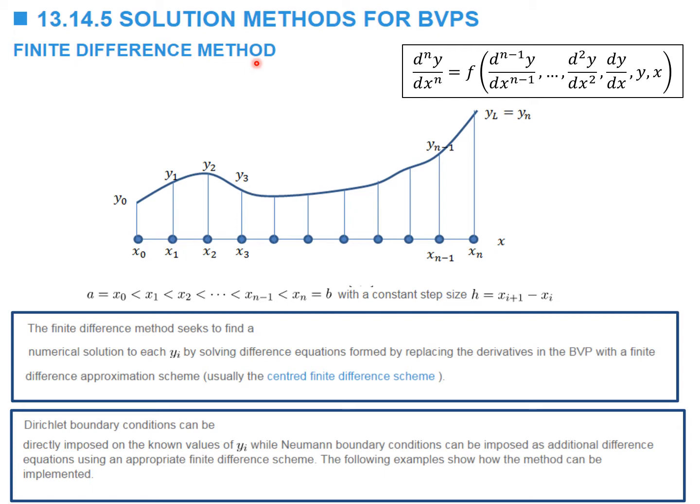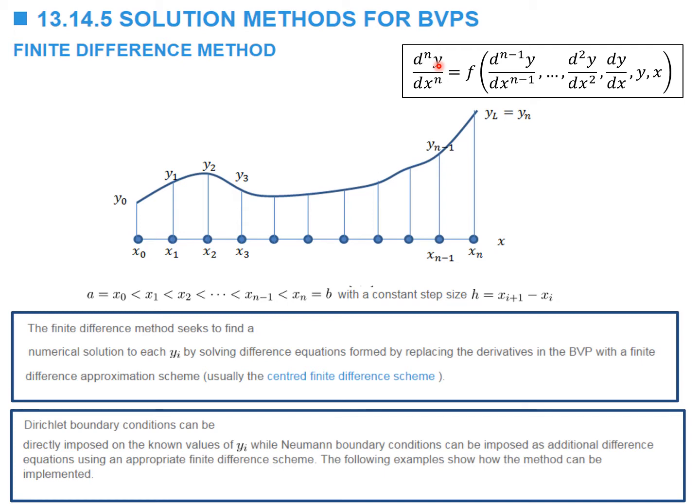The finite difference method converts this differential equation into a set of equations to find the values of y0, y1, y2, y3, and so on, all the way up to yn at these specific points in the domain.